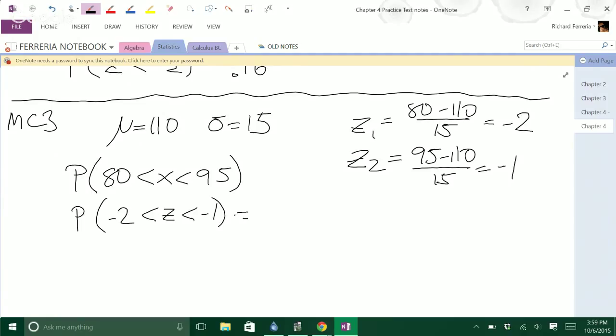And we just did that, right? We got 0.135. Sorry, I put the decimal in the wrong place. And you guys did the exact answer too. It was 0.1359, right? Okay. Questions on MC3?